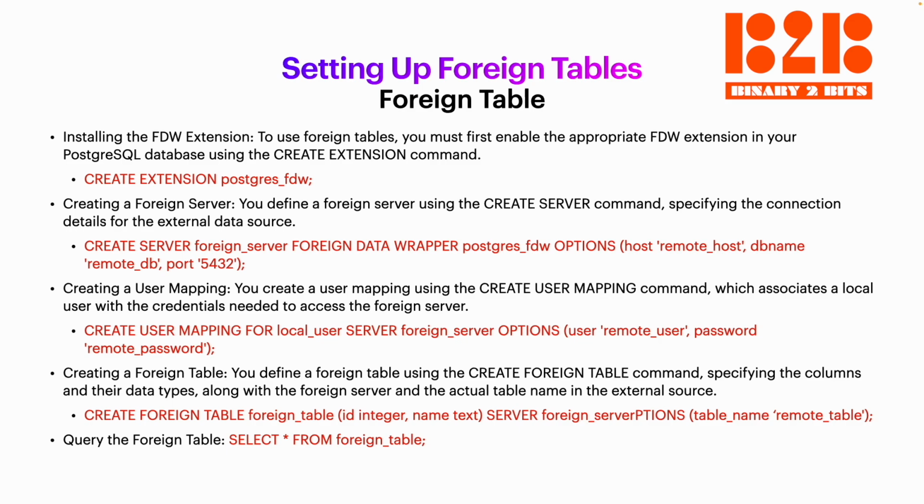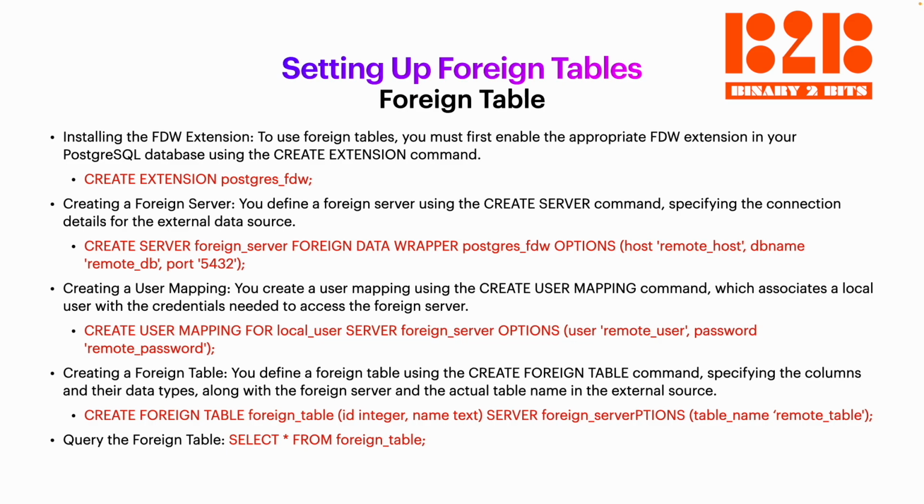So create user mapping for local user server foreign server options user, and we need to give the remote username and the remote user password. If we do not have that authentication, we just need to do create user mapping for local user server foreign server only. We do not need to give the options, user and password.